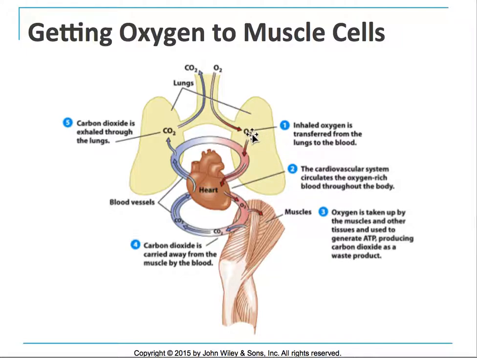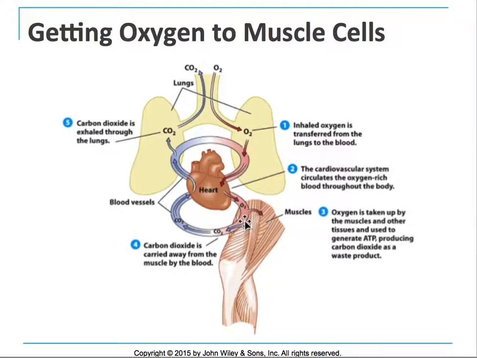That oxygen, once in your lungs, is then absorbed into your bloodstream. That blood with its oxygen goes into your heart, and your heart pumps to push that oxygenated blood out to the muscles of your body. Then once there, the blood drops off the oxygen into your muscles, which your muscles then use for movement.